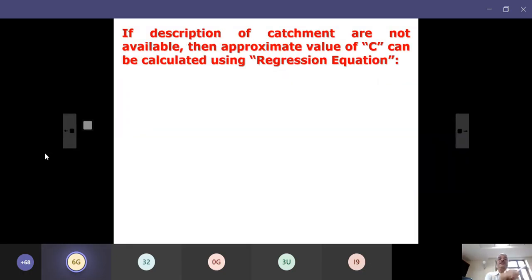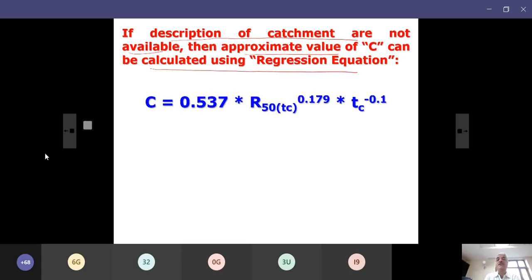In case your description of catchment is not very clear or it is not available, because this value of your C is based on description of catchment. Let us say your catchment is very widely varying from one point to other, or you are not able to describe in those terms, then you can also calculate approximate value of C by using a regression equation, which is given in RBF 16 itself.